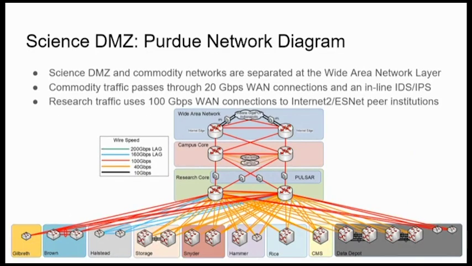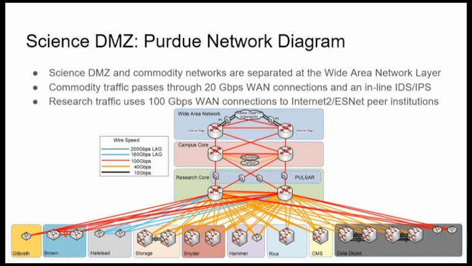Speaking of Purdue's network, this is a very nice overview of what Purdue's research infrastructure looks like. As you can see right here, there's the wide area network, the campus core, and the research core. These are like the three layers in our networking environment. The campus core is connected to the data center and campus, so that's basically where the commodity network lies.